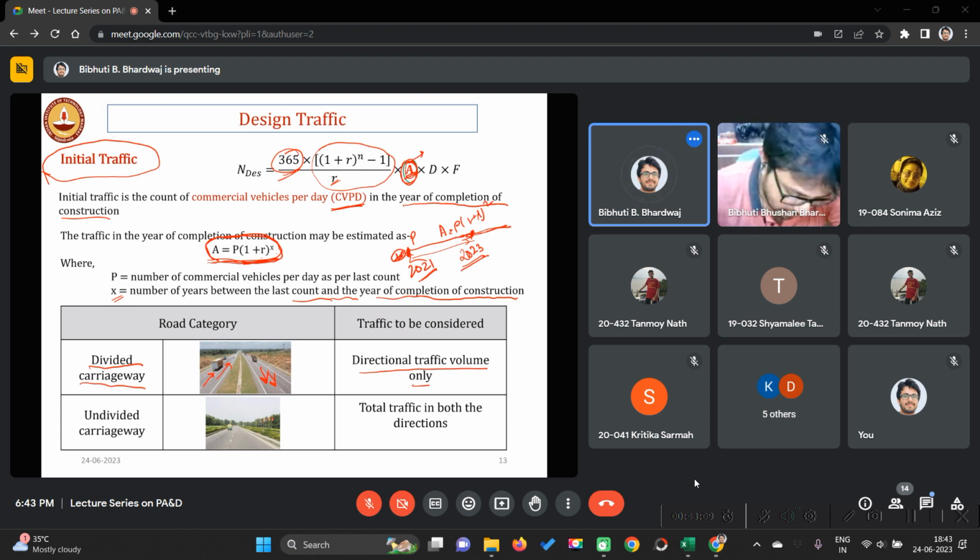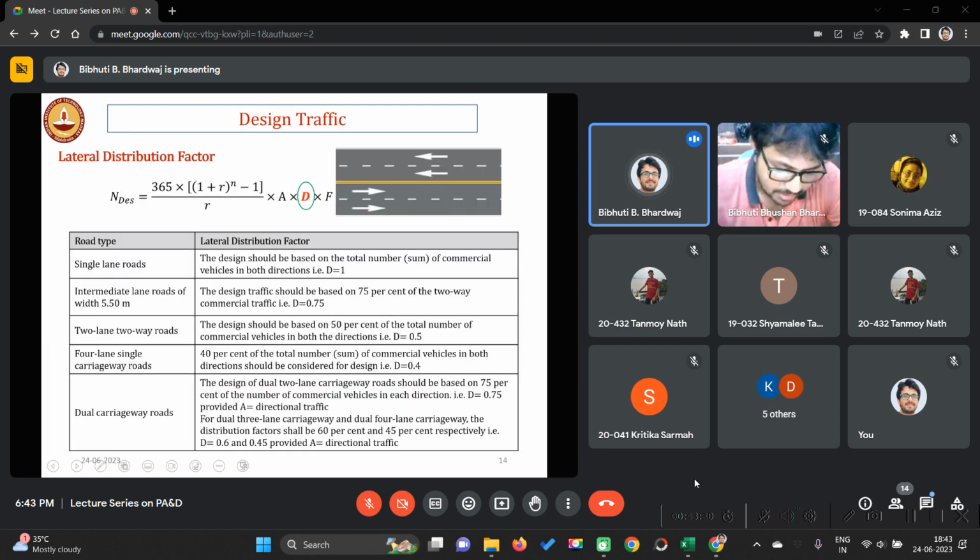If it is undivided, then you have to add both, and the total traffic will be your A. Any doubt in this A?